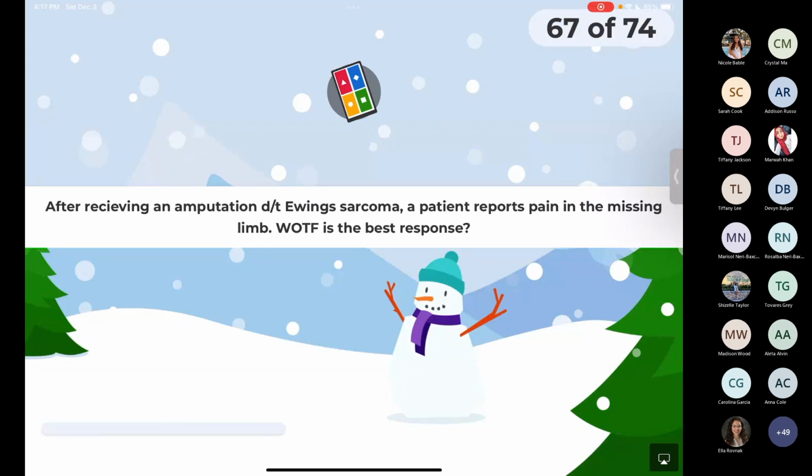After receiving an amputation due to Ewing sarcoma, a patient reports pain in the missing limb. Which of the following is the best response?